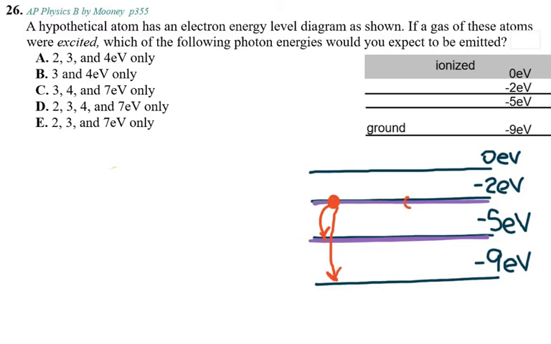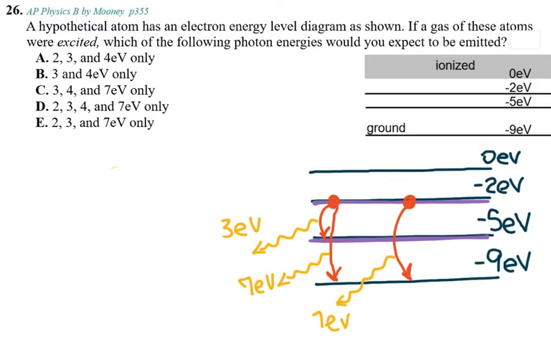So if the electron jumps from the 2 electron volt to the 5 electron volt excited state, the photon emitted is 3 electron volts. And in this case, the photon emitted is 7 electron volts. And in this case, the same 7 electron volts.